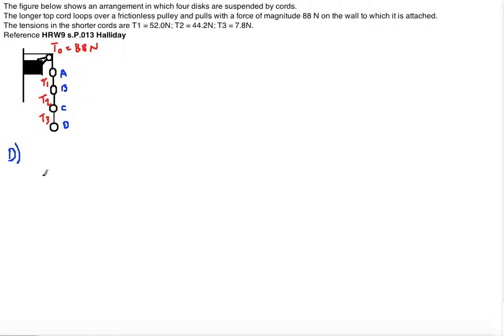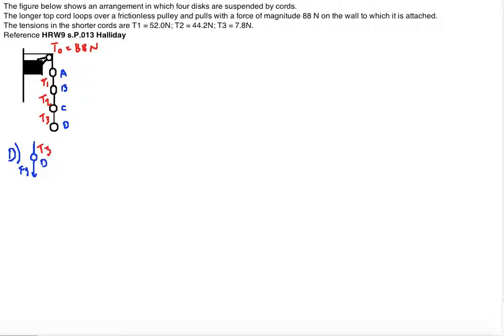If we split the system up independently, we get the tension force of T3, and this is a very crude drawing, but here's the mass D, and then we get another force going down, which is gravity, Fg, gravity times the mass.